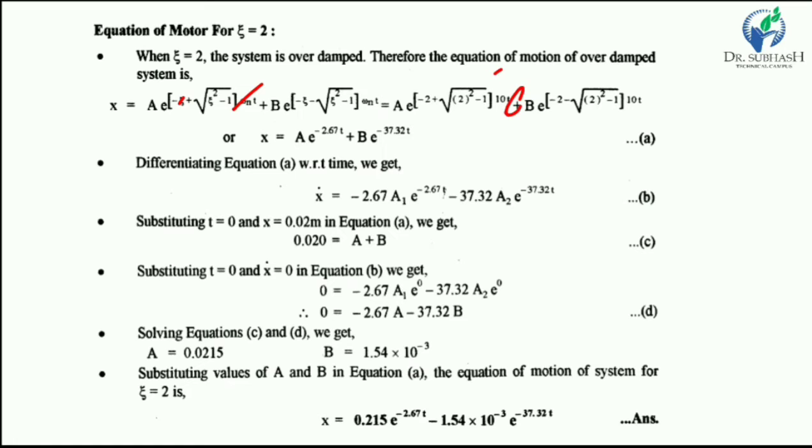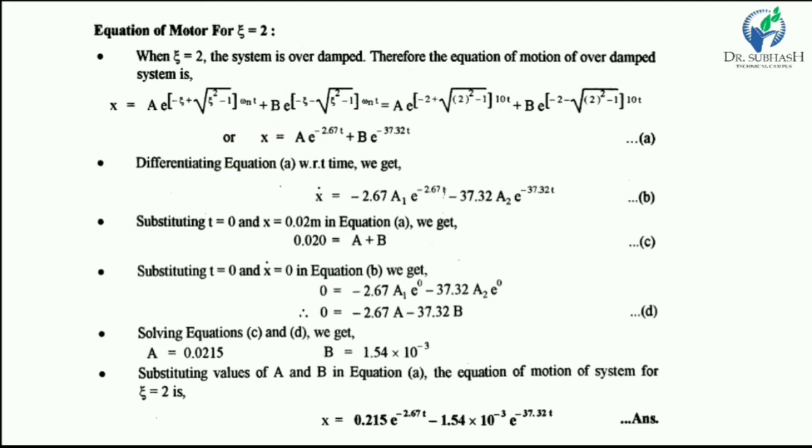Only t remains, and A and B are arbitrary constants, so we have to find the values of the arbitrary constants. With only t remaining, we get the motion equation as a function of time, so anytime we can find the displacement of mass. First we simplify the equation and get equation A as shown in the slide.